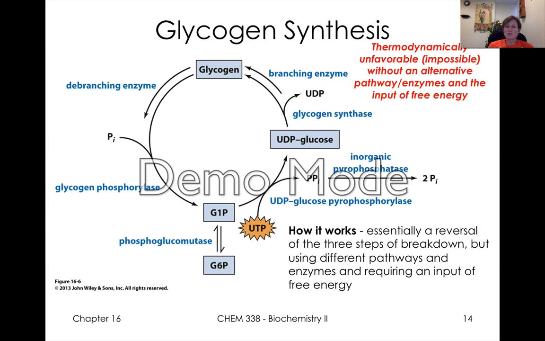Again, that enzyme is responsible for interconverting G1P and G6P. But again, we've got a low energy compound that we need to create a glycosidic linkage. And the only way to do that is to activate this so that it has a decent leaving group. So we'll revisit this in our next lecture, but just wanted to introduce the concept of glycogen synthesis.